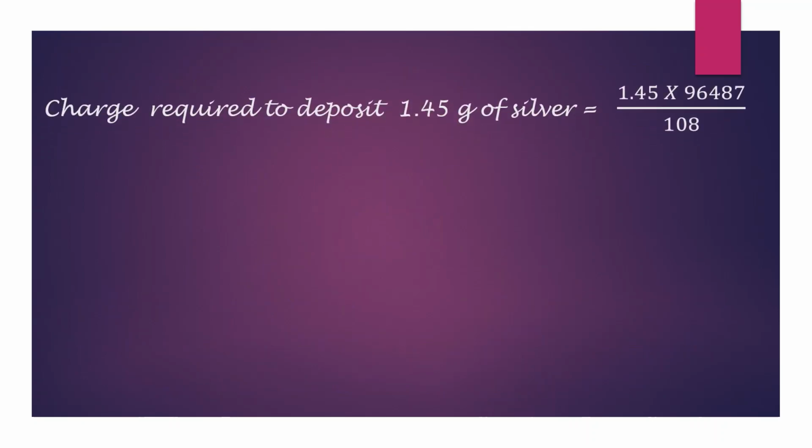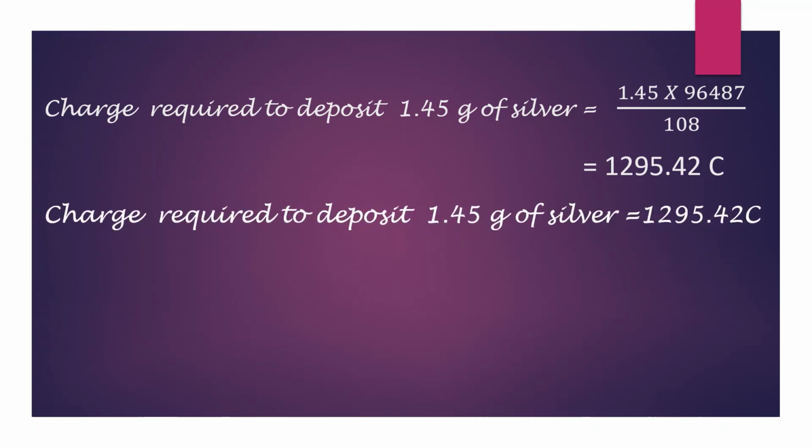Therefore the charge required to deposit 1.45 gram of silver equals 1.45 into 96,487 divided by 108. So that will give 1295.42 coulombs. So the charge required to deposit 1.45 gram of silver equals 1295.42 coulombs.